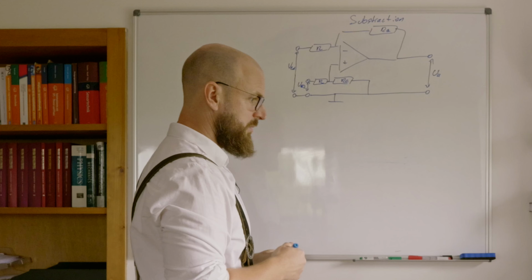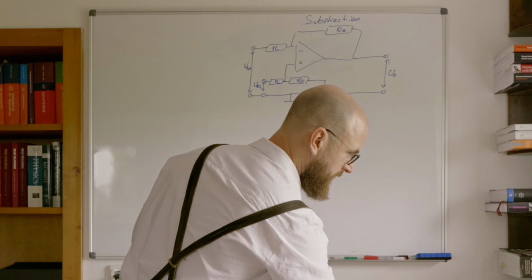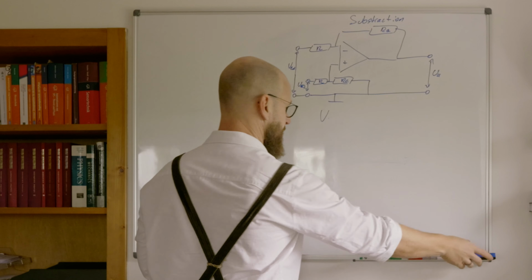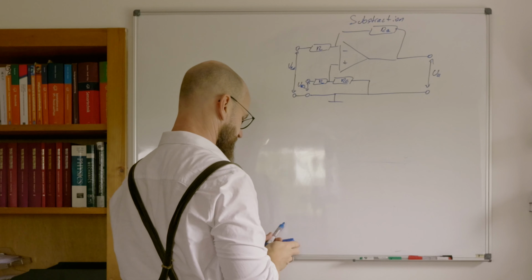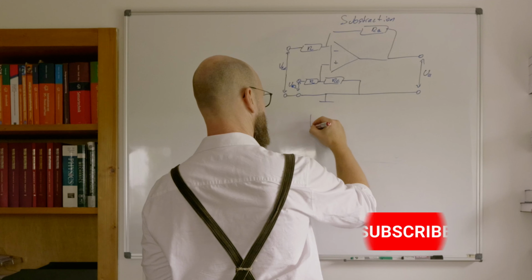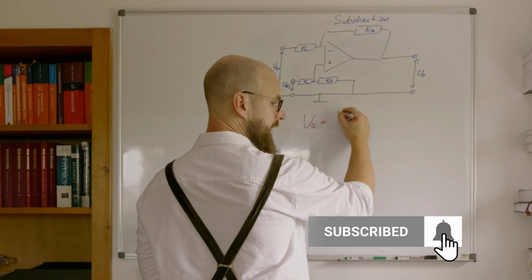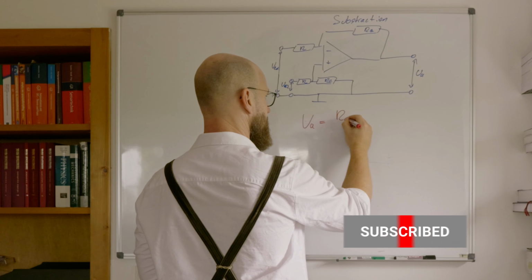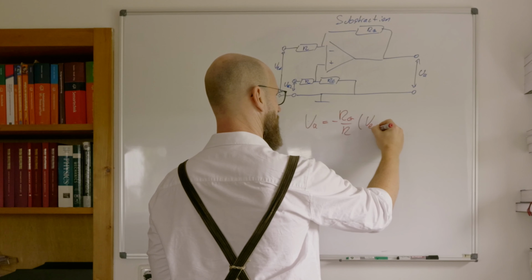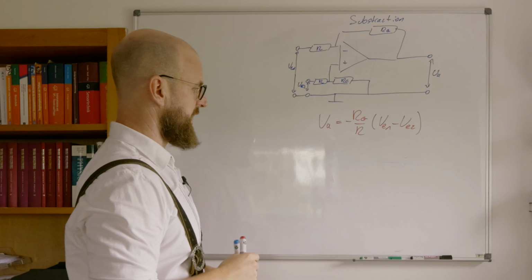In the end, what we get as a result is that UA, let's write it in red as beforehand, that UA is nothing more than RG over R minus RG over R times UE1 minus UE2. So you see we have a subtraction over here.